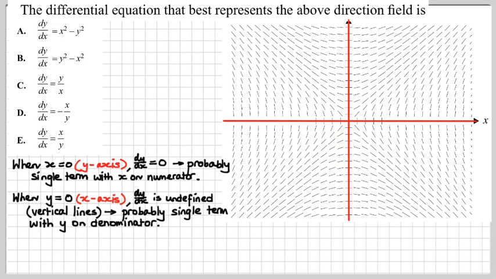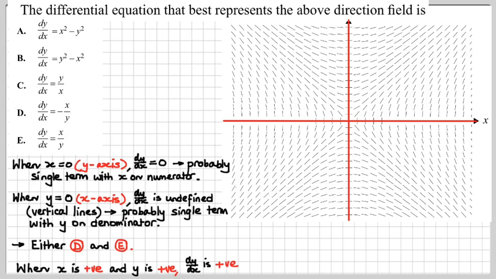Now, how are we going to work out whether it's minus x over y or plus x over y? Well, let's just pick an example. When x and y are both positive, you can see that the gradient is positive. So therefore, this is no good because that would give you a negative. This would give you a positive, so I'm saying it's going to be E. Yes, it's E. You get it?